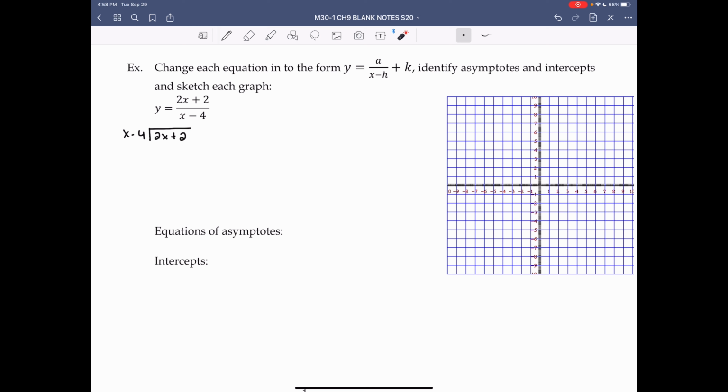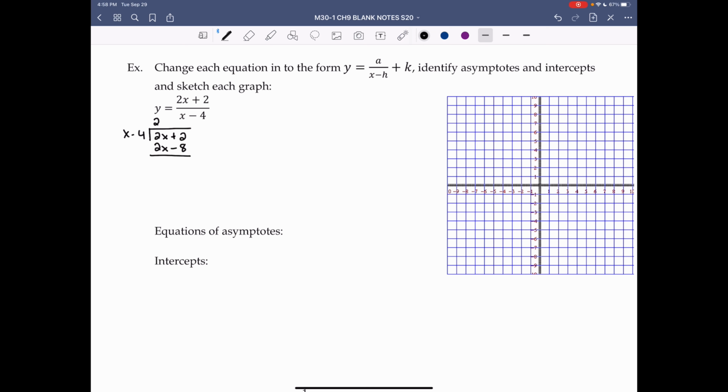I would have to multiply x by 2 to get 2x, which means I put a 2 right here. Then I multiply this binomial by 2, and I put my answer down here. I get 2x minus 8.